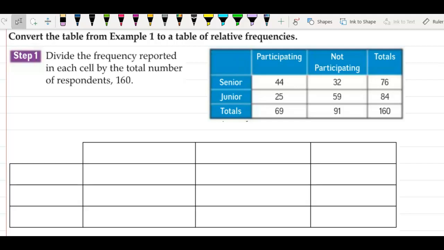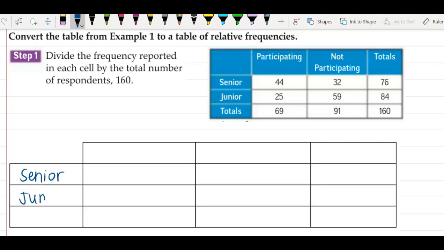I already gave you a table. It's already filled in. This is actually the same table that we did in example 1, and we are going to convert this to relative frequencies. So the first thing we want to do is label the chart the same way.